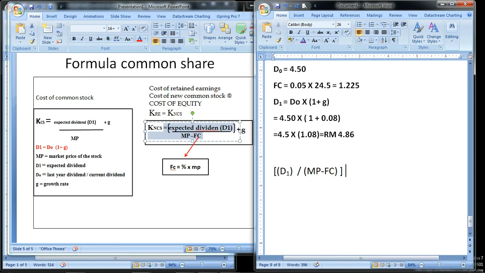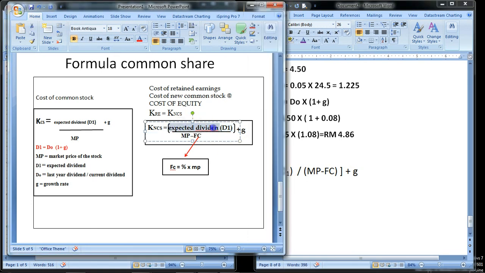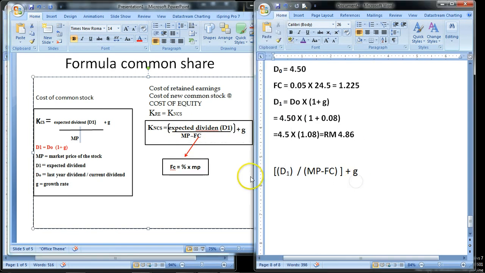Then you will plus G. Don't forget that. Most of the students make a mistake. They do D1, then they plus G. It's wrong. You need to divide first, then you can plus G.